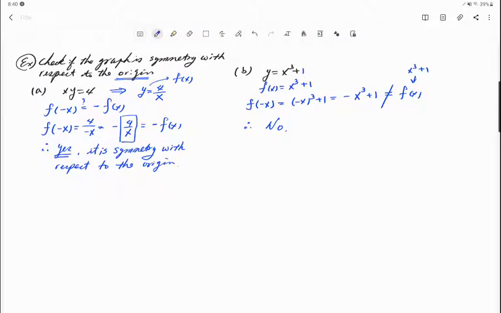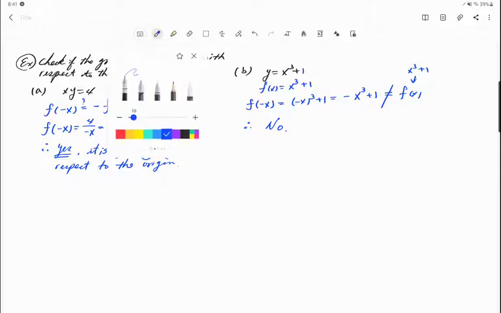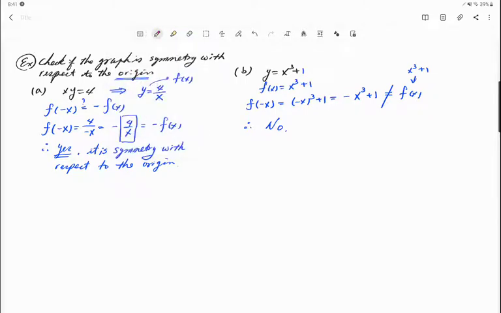Okay, since xy equals 4 is symmetric with respect to the origin, this function is an odd function, right? So let me rewrite it. We will do odd and even functions in the next example.